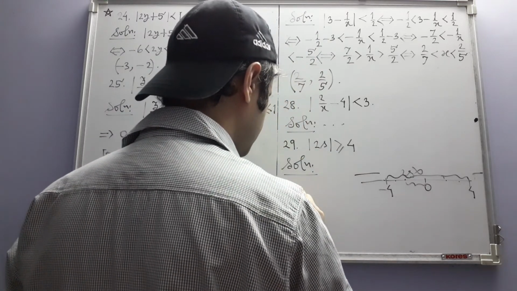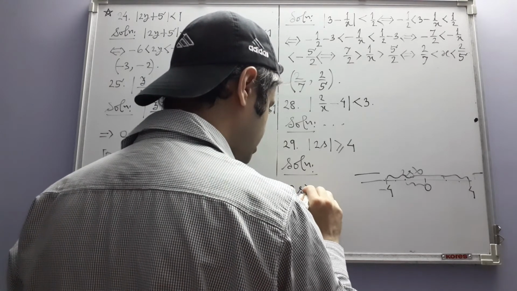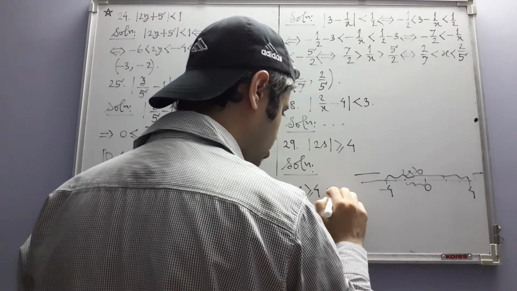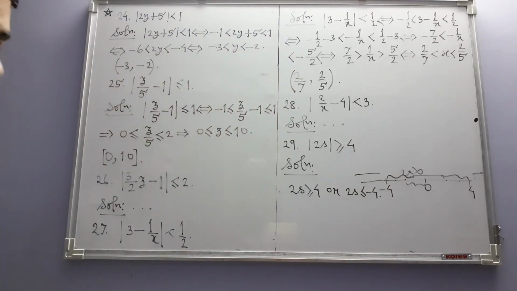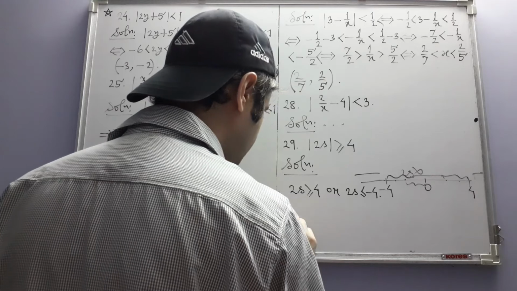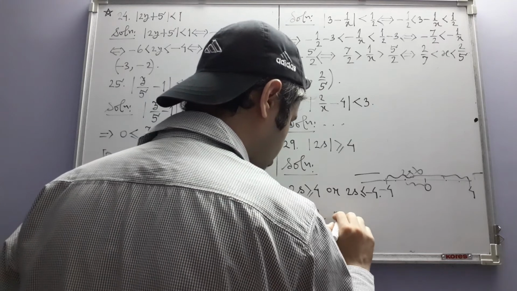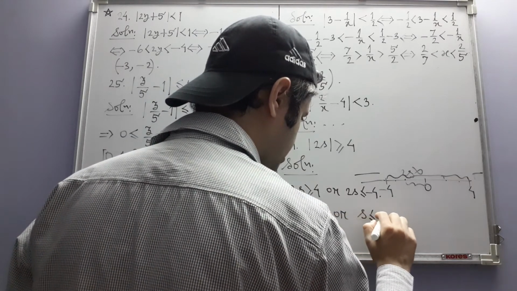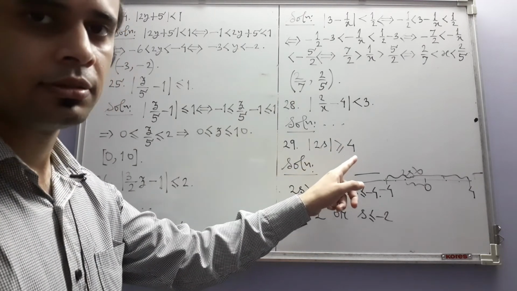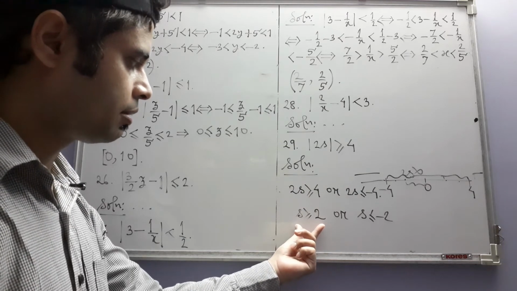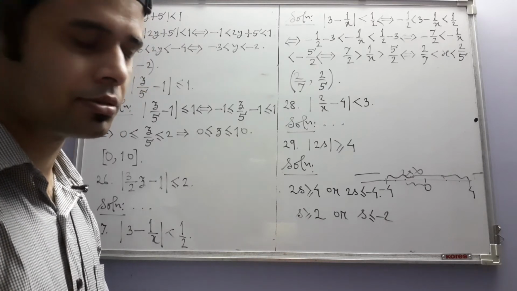So in this case we have 2s is greater than or equal to 4 or 2s is less than or equal to minus 4. From this one, what are we getting? s is greater than or equal to 2 or s is less than or equal to minus 2. It says that any solution to this inequality is either greater than or equal to 2 or less than or equal to minus 2.